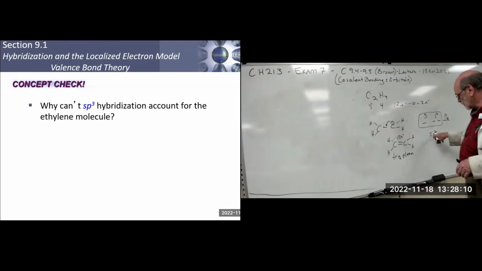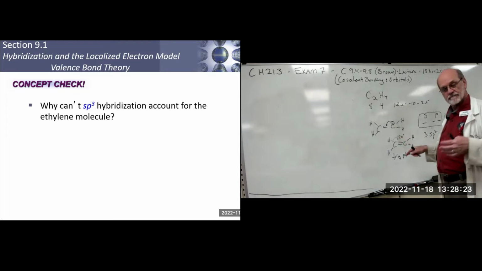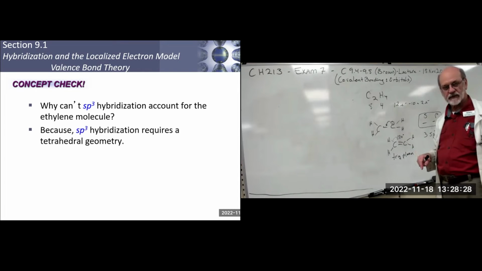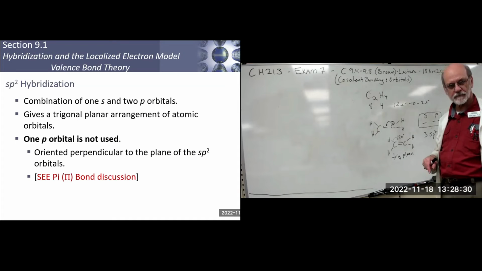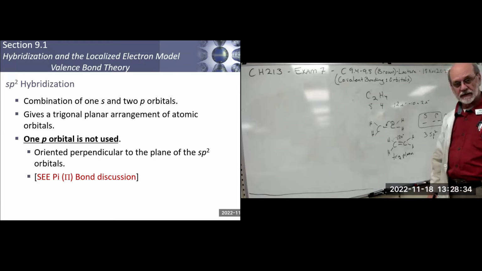So we get these 3 atomic orbitals going into the hybrid orbitals, and that makes 3 of these. So you have 1, 2, 3 that are available for that trigonal planar geometry. Okay, 1 p is not used.